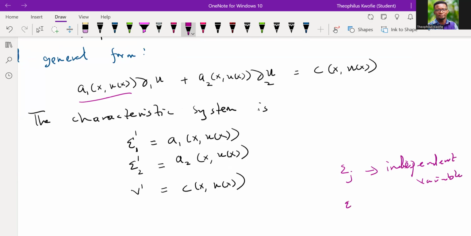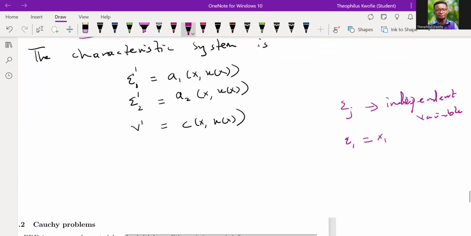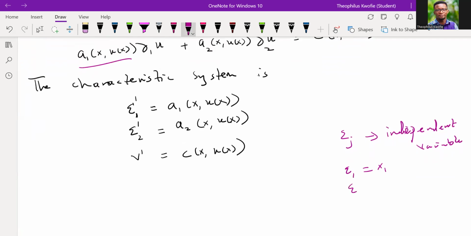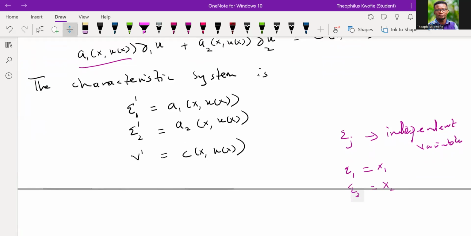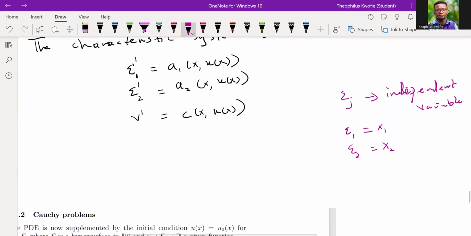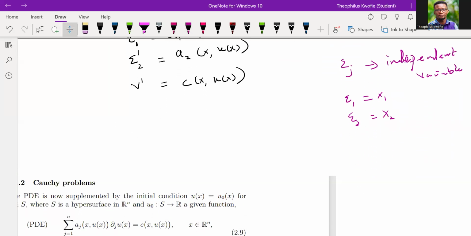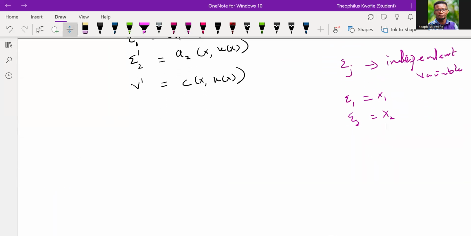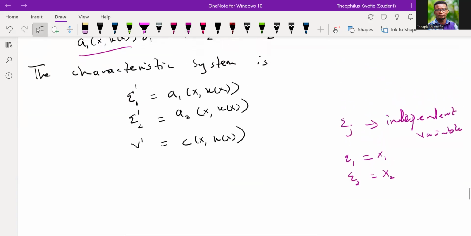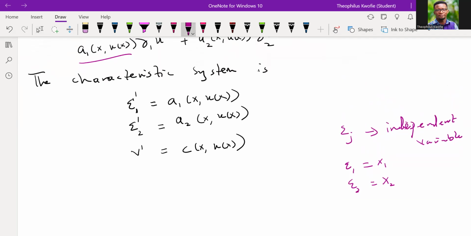On that note, my Xi1 will be your X1, and your Xi2 will be your X2. Let's take note of that. It's very important that we understand this basis. All right. So let's move on.